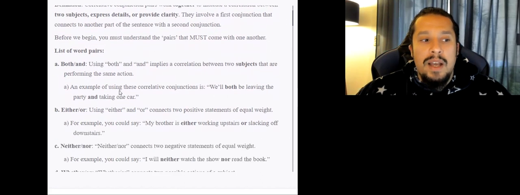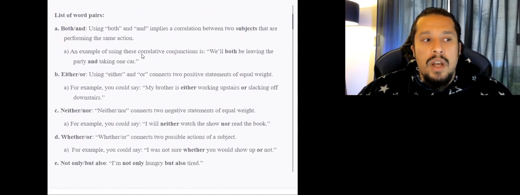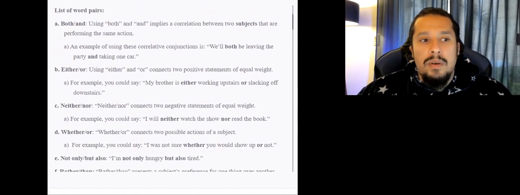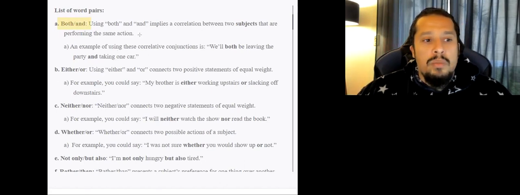Like before we begin, we have to understand what are the word pairs that appear together. طبعا you're going to see all of these examples and much more. Let's begin with both and. Again, these indicate parallel structure. So both and come between two subjects that are performing the same action.